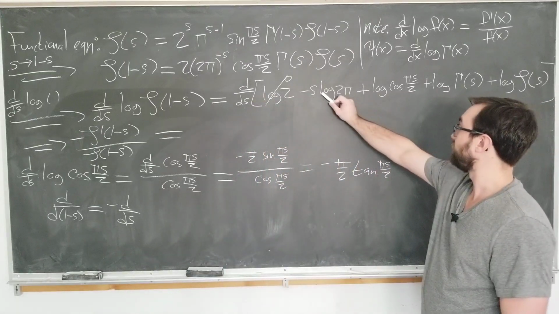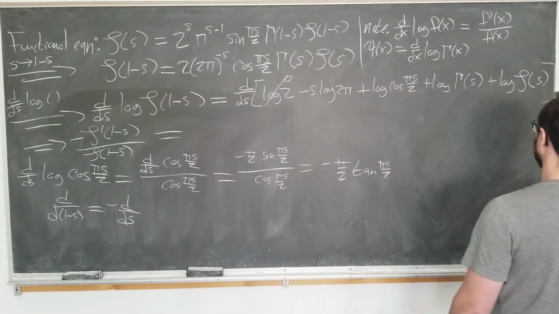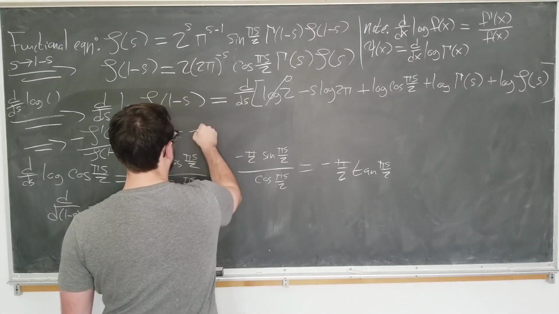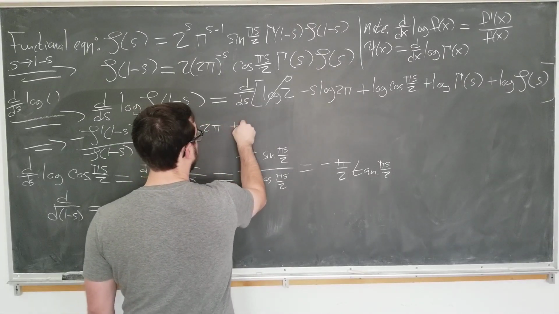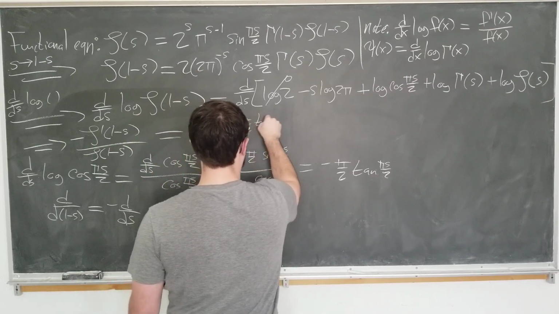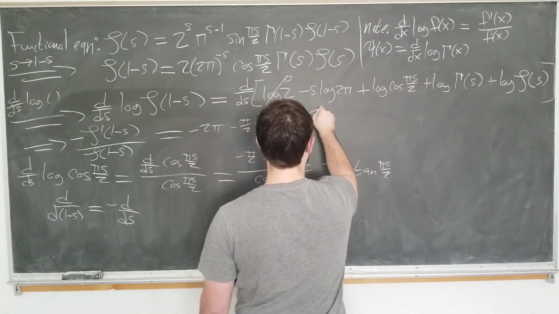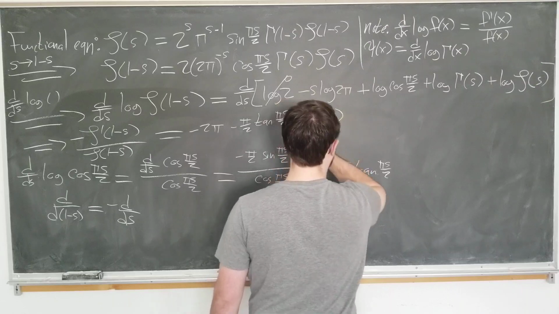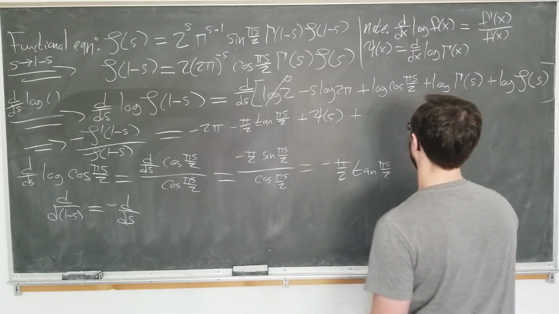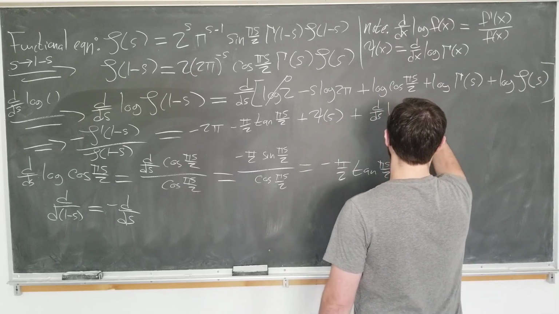Okay, so this term is easy. This term is just the digamma function. So let's write down what we have so far. This is simply minus log 2 pi, minus pi over 2 tangent of pi s over 2, plus the digamma function of s, plus the tricky term here, which we're going to look at in a moment. Okay, so we have d by ds of log zeta of s.